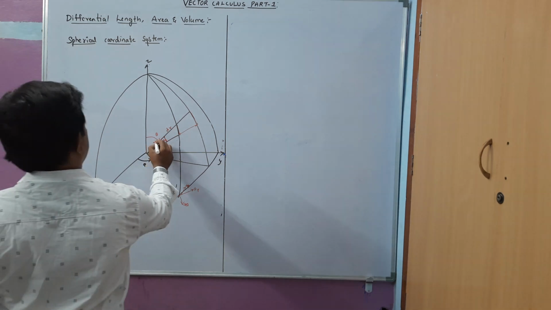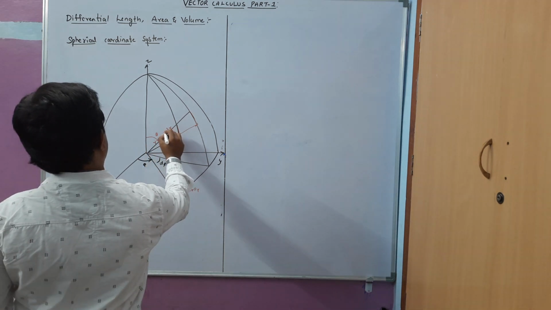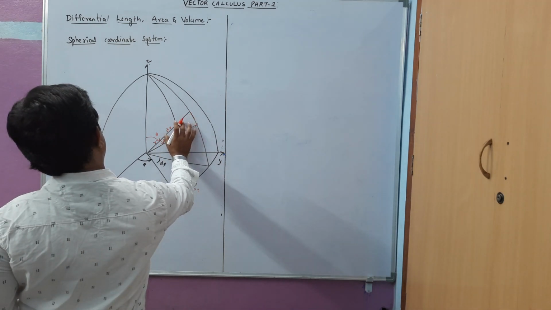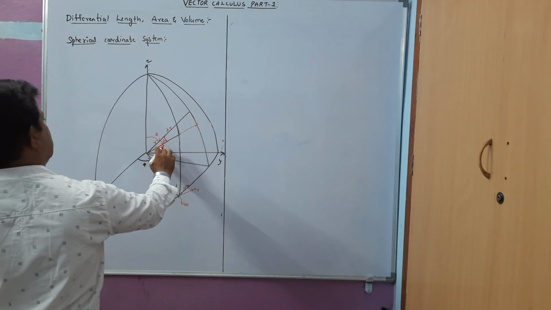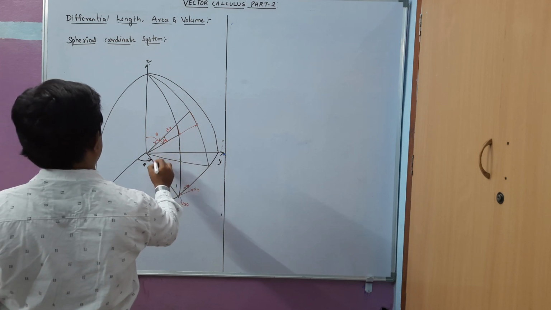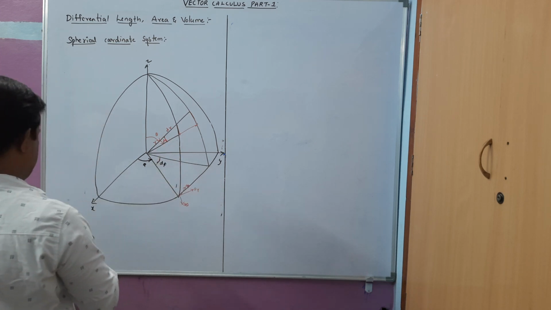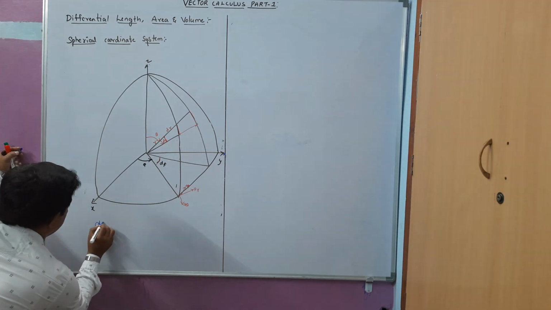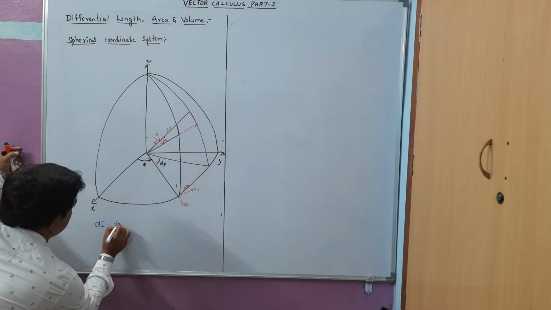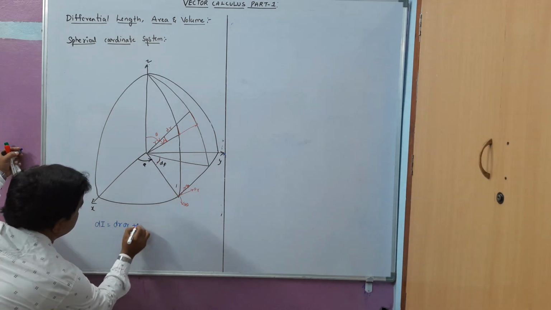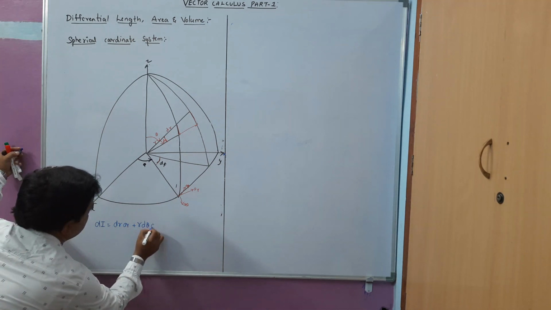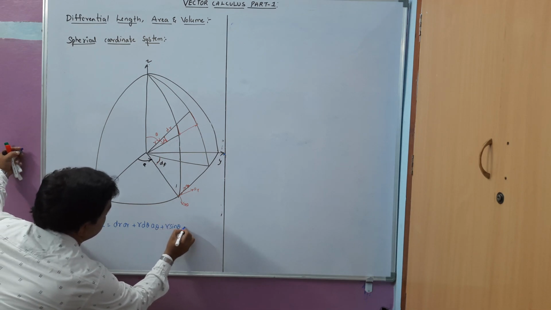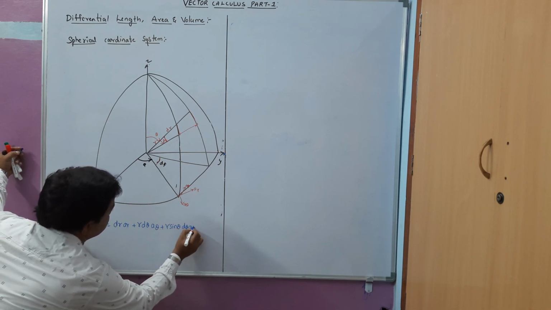The displacement vector here will be dr, next d theta is this one, and d phi is this one. Now we write the displacement vector dl, which will be dr ar plus r d theta a theta plus r sin theta d phi a phi.